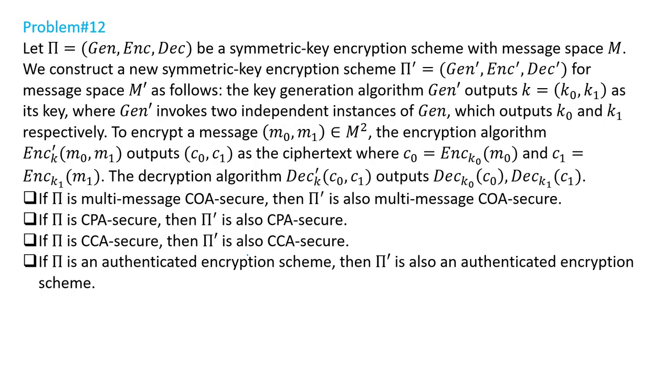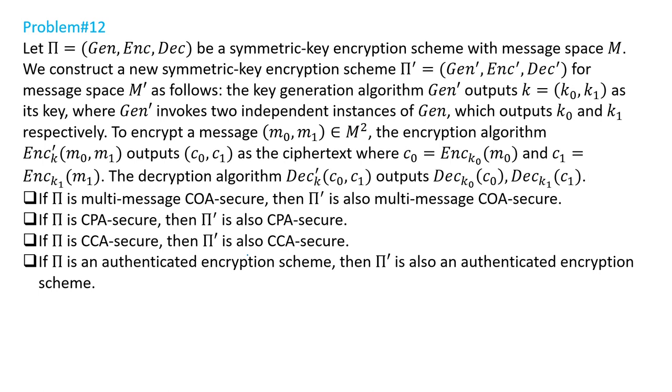Okay, so the next question is this. Let pi equal to (Gen, Enc, Dec) be a symmetric key encryption scheme with message space M. We construct a new symmetric key encryption scheme pi' with Gen', Enc' and Dec' for message space M' as follows. The key generation algorithm Gen' outputs k equal to (k0, k1) as its key, where Gen' invokes two independent instances of Gen, which outputs k0 and k1.